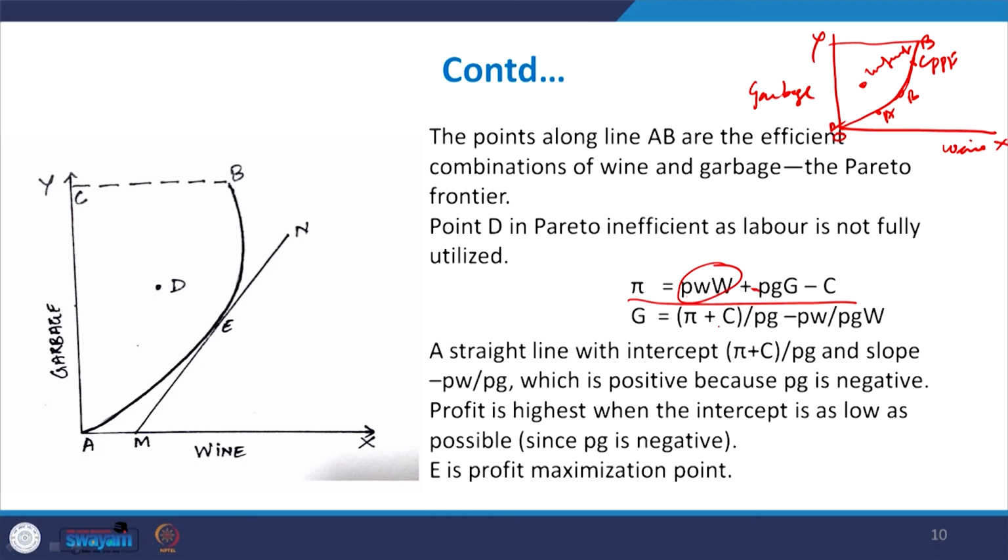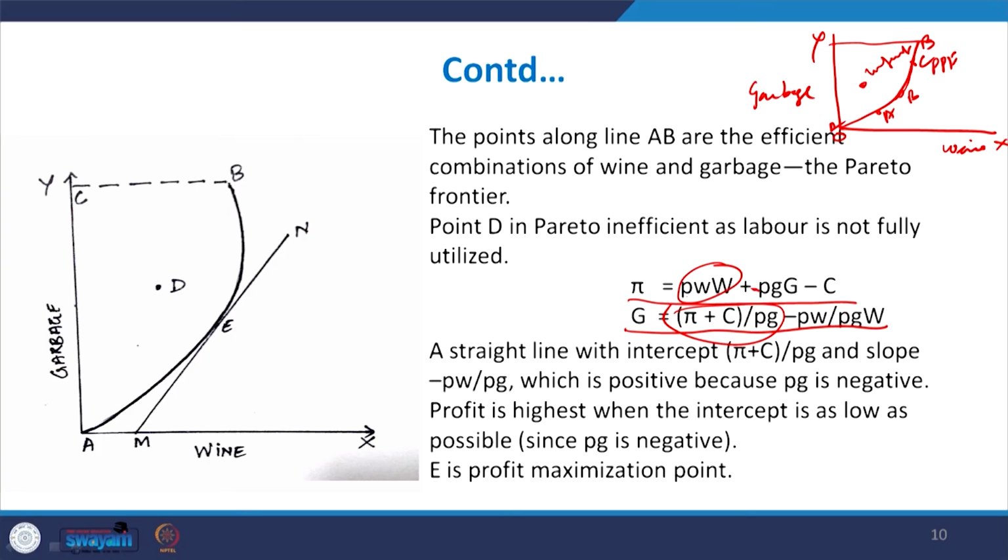If you convert this equation in terms of garbage, you will get this equation, and this portion is the intercept of this price line, and PW divided by PG is the slope.